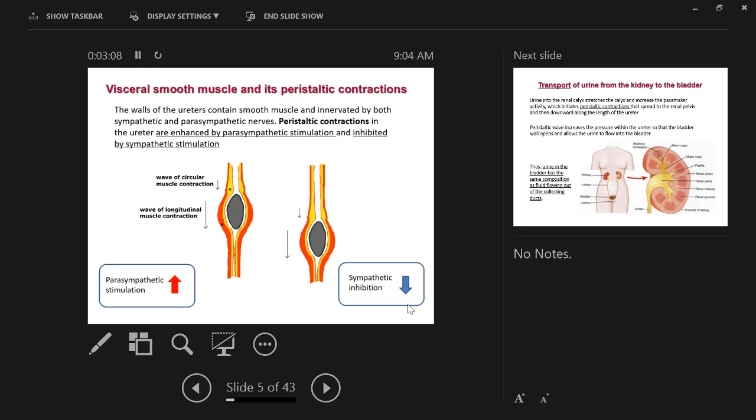But still, peristaltic contraction helps move the urine forward. The only point I want to make is that parasympathetic stimulation promotes peristaltic contractions, and sympathetic stimulation inhibits peristaltic contractions. You don't have to remember this because it's exactly the same as the GI tract.